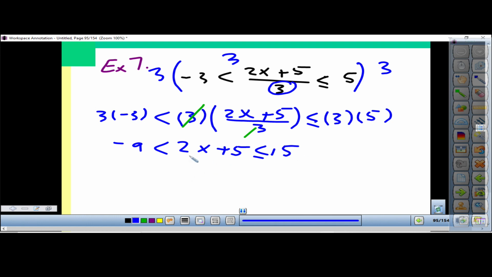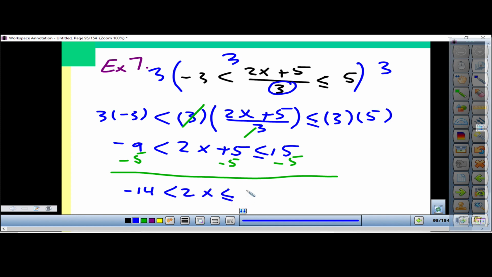Well, okay, I just wanted 1x. Okay, what can you get rid of? The 5. Only 2 sides? No, 3 sides. Negative 5. Negative 5. So I've got myself negative 14 less than or equal to 2x less than or equal to 10.